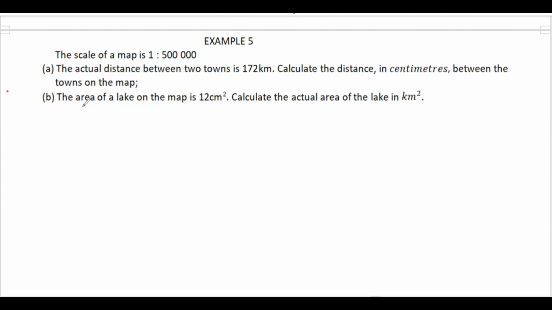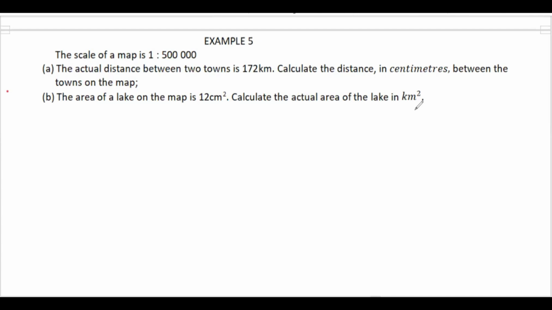In the B part, we have to find the area. The area of a lake on the map is 12 centimeters square. We are given the one on the map, and we have to calculate the actual area in square kilometers.